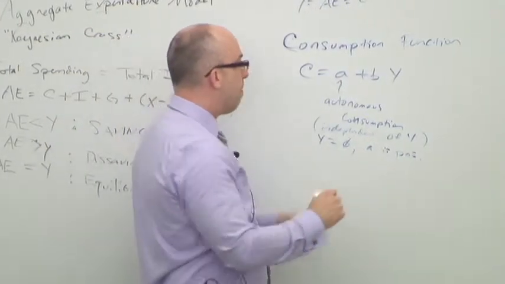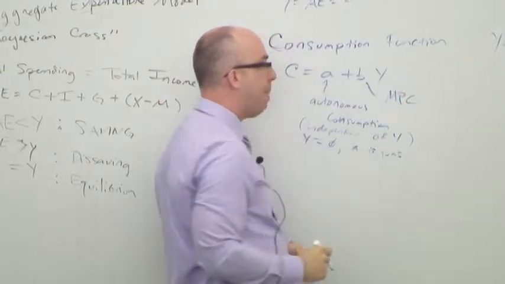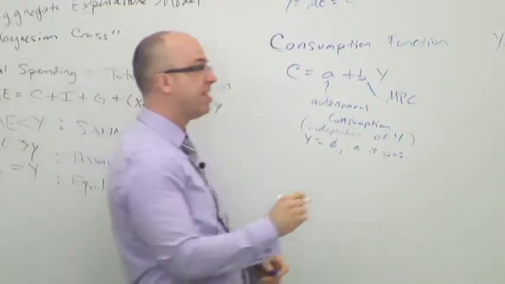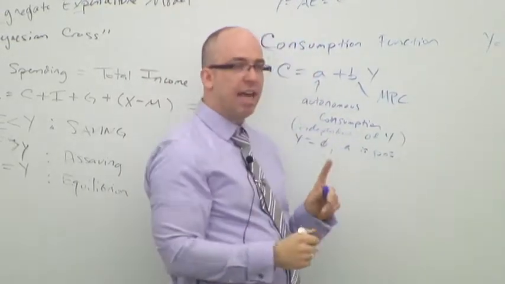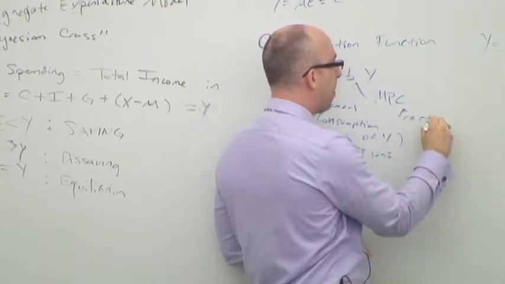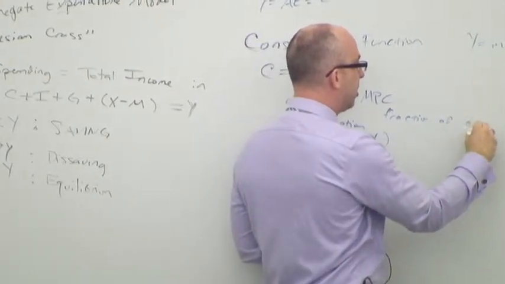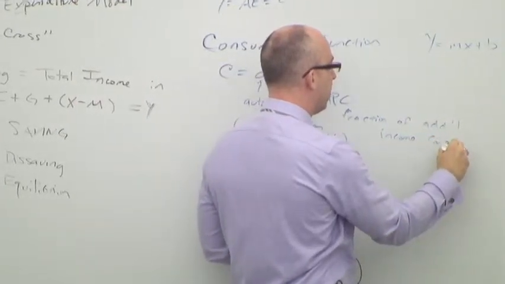All right, so the B part is something you may have seen before. It is the MPC, or the marginal propensity to consume. It is between 0 and 1, and it is the fraction of additional income consumed.